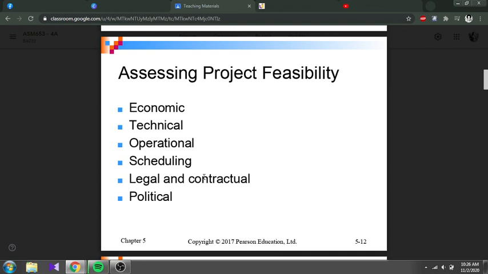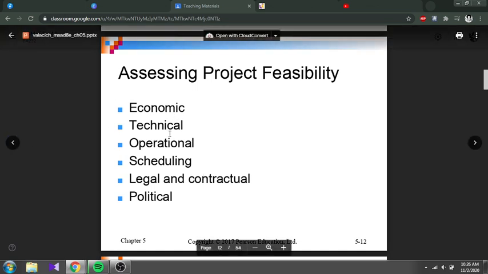It requires that you as a systems analyst evaluate a wide range of factors. Typically the relative importance of these factors will vary from project to project, as the specifics of a given project will dictate which factors are most important. But most feasibility factors are represented by the following categories here.